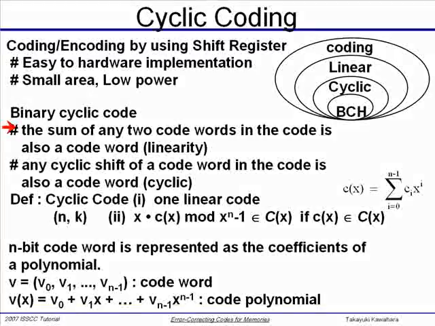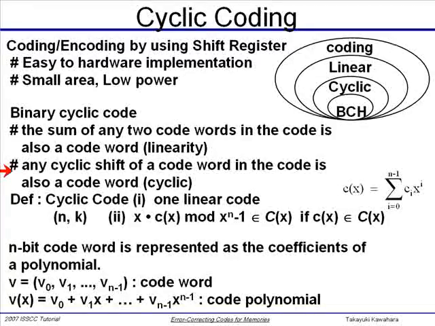It has linearity: the sum of any two codewords is also a codeword. And the cyclic shift of a codeword is also a codeword.